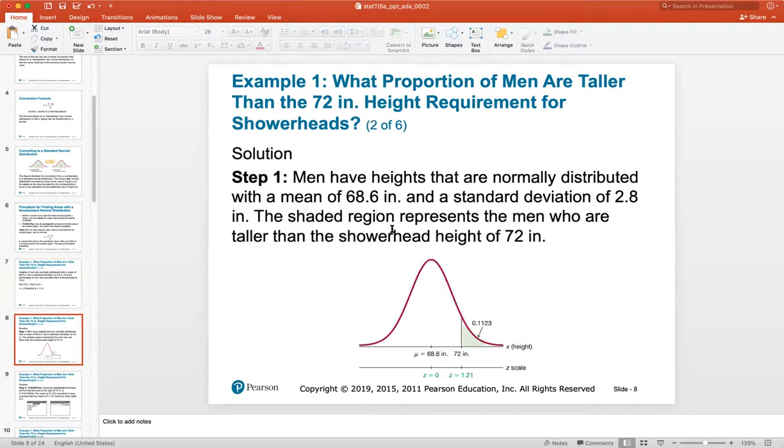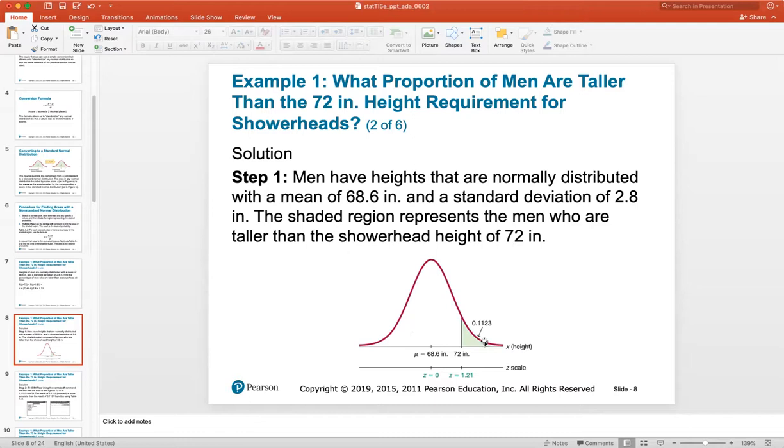Let's see, here in step one, the solution. What are you going to do? We have heights that are normally distributed with a mean of 68.6 and sigma 2.8, and in the shaded region we just figure out the area.